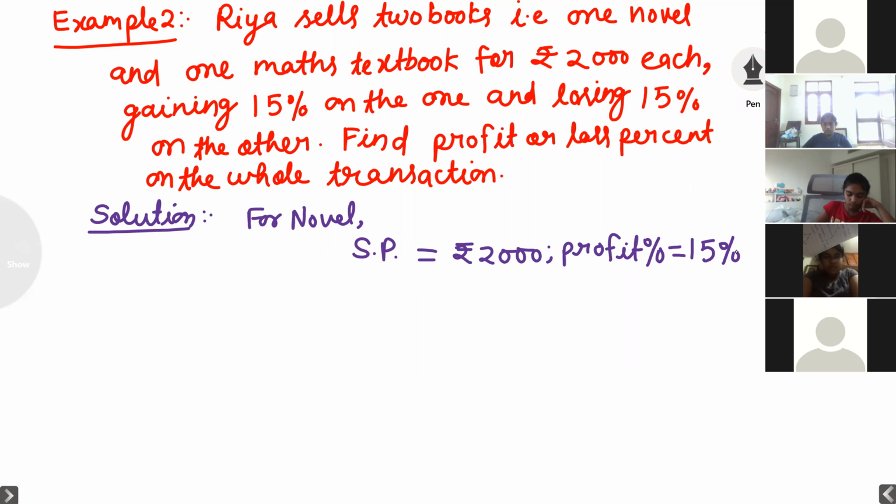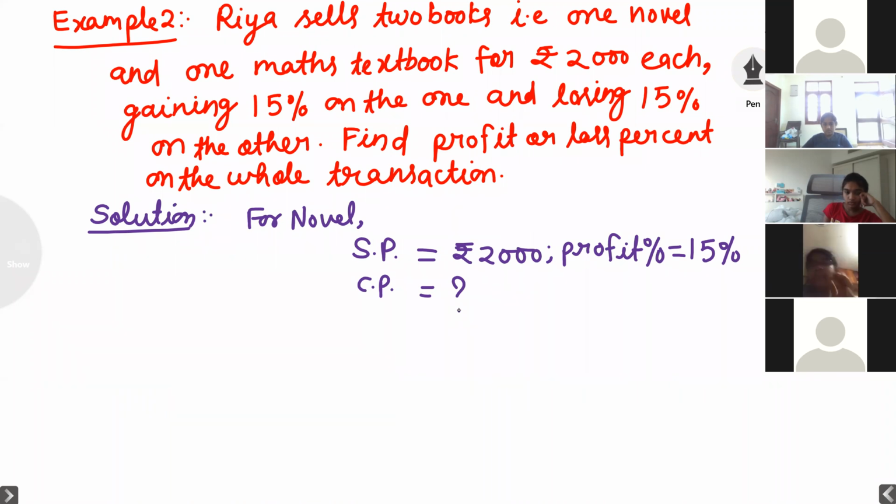Now for that, firstly, I need to find out CP. CP is equal to question mark. The first IIT formula I have given: SP is equal to (100 plus profit percentage) into 100 by CP. But here I want to find out CP.